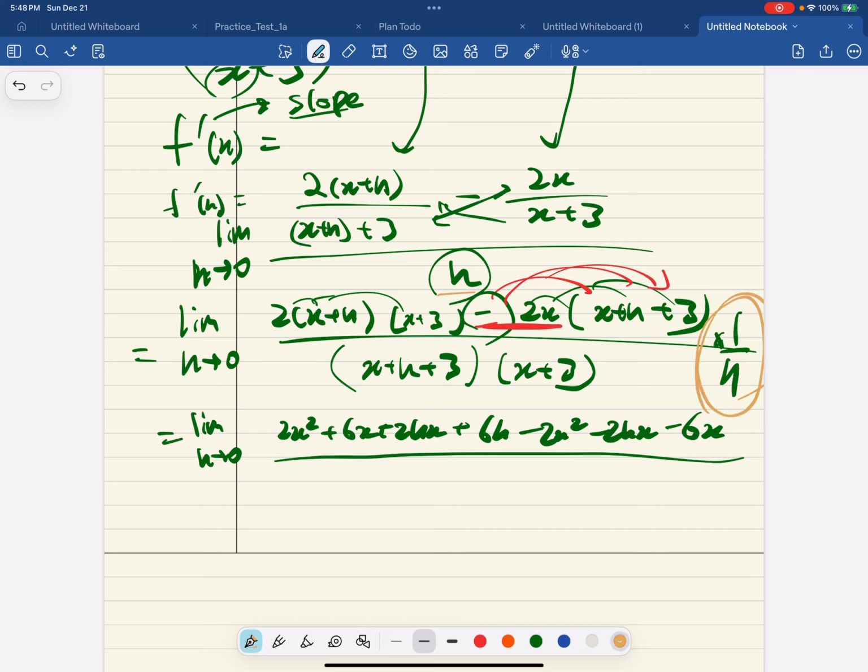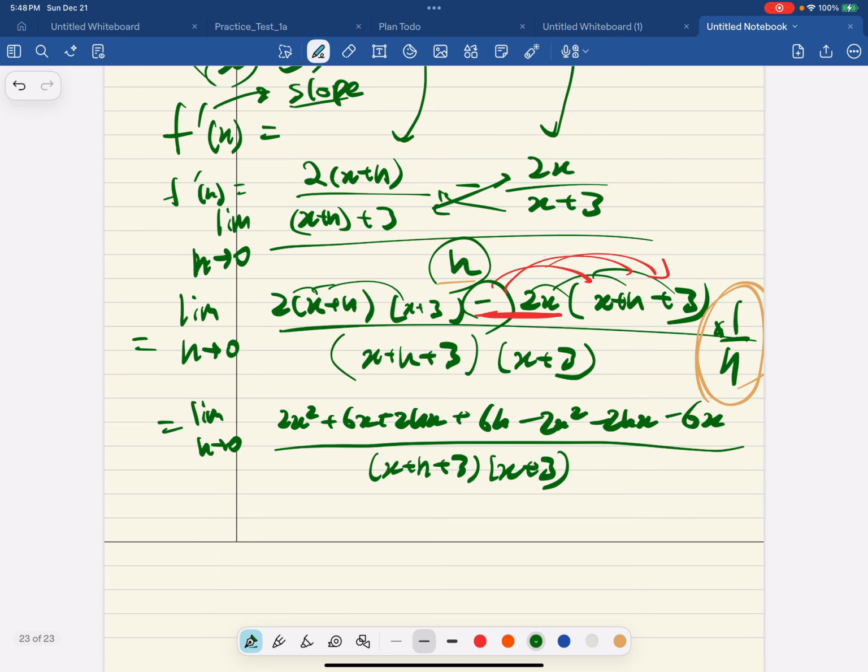So the h can just be brought to the left as 1 over h. And then the bottom, we'll keep the same. We keep it the same because the problem is always simplified on the top with this h, and the bottom h usually will turn into 0.